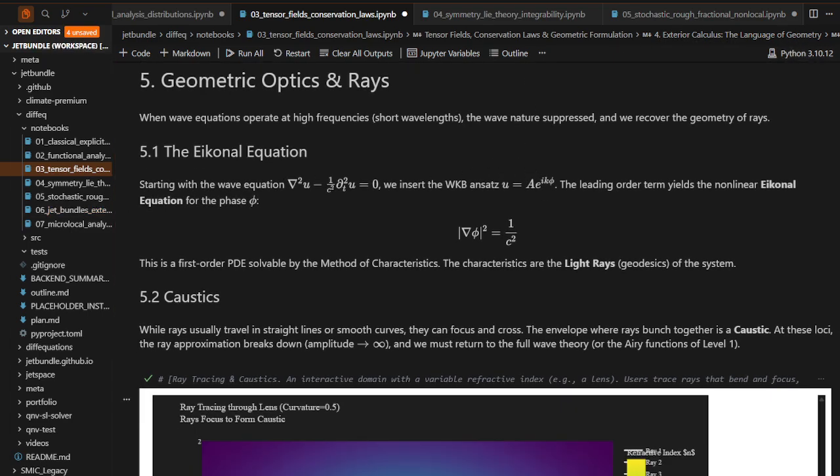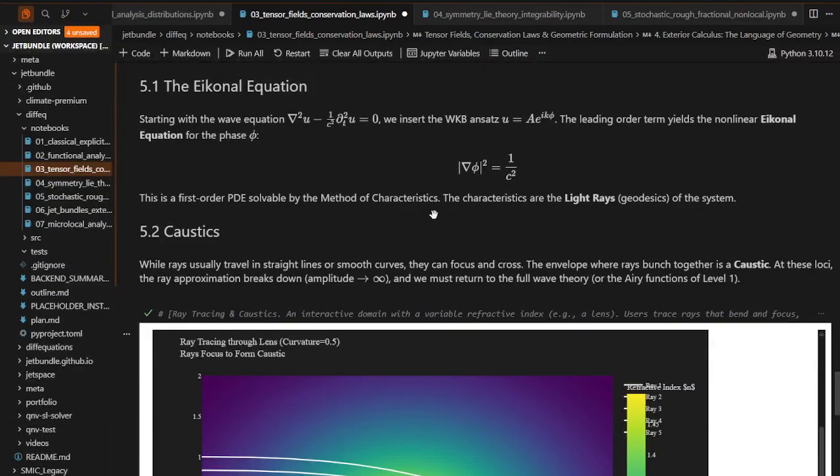But again, if we start from some wave equation, let's say the Laplacian of u minus 1 over c squared, where c is this finite idea of finite propagation that encodes the Lorentz symmetry of the space, the WKB ansatz is going to give the eikonal equation. So if you substitute the ansatz itself, you get the eikonal equation for phase phi. And then this is a first order PDE that we solve by method of characteristics.